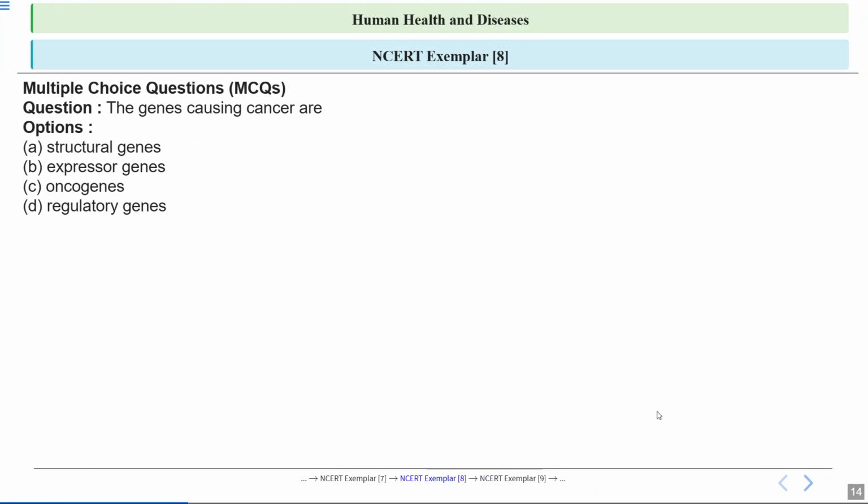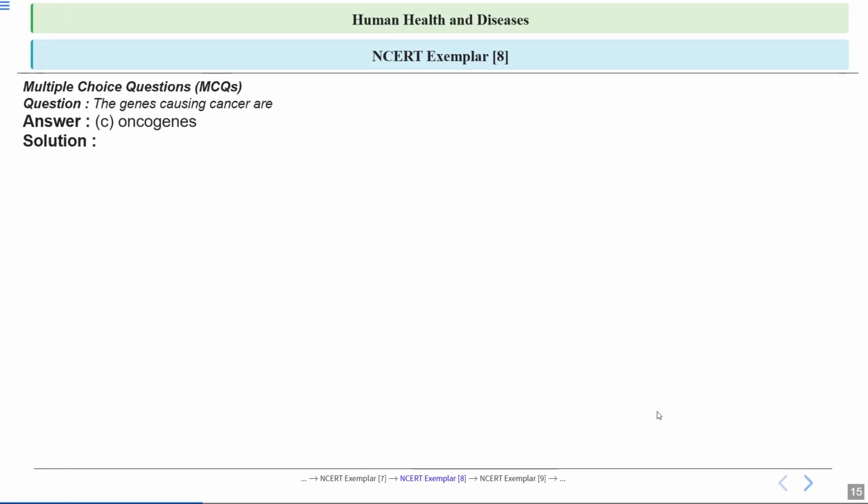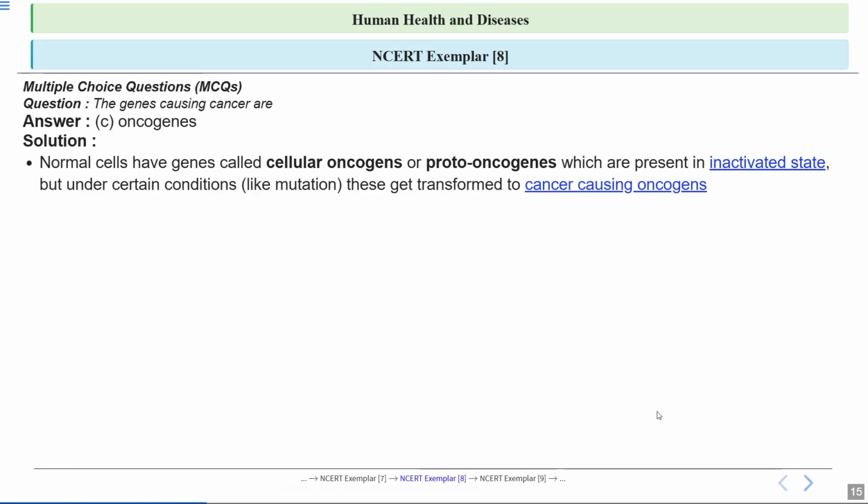Next question. The genes causing cancer are: the options are structural genes, expressor genes, oncogenes, and regulatory genes. What will be the correct answer? Option number C, oncogenes, is the correct answer. The normal cells have genes called cellular oncogenes or proto-oncogenes, which are present in an inactivated state.